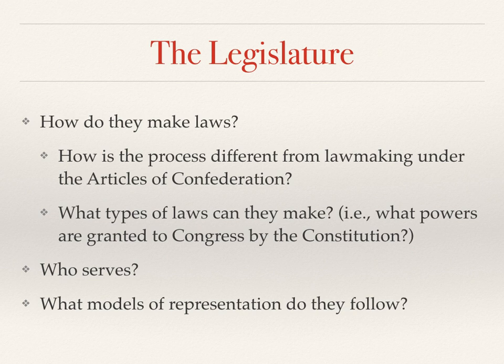Now, obviously, we know that neither model is followed perfectly, though the House tends to be somewhat more delegate and the Senate somewhat more trustee. This is because the Senate was always intended to temper the sort of whims of the public in the House, right? It was the cooling saucer.